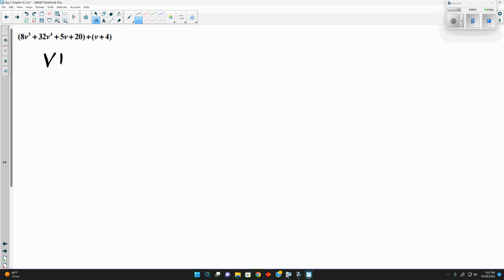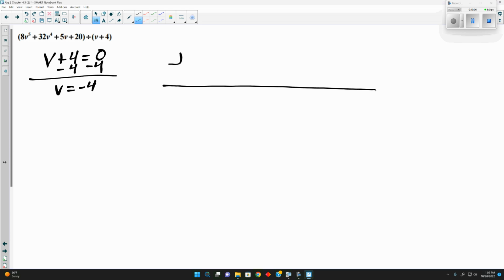So the first thing we need to do is to get v by itself. So we would set up the cubby hole and the line. What goes in the cubby hole is -4. So we can go on and start putting the numbers across the top.